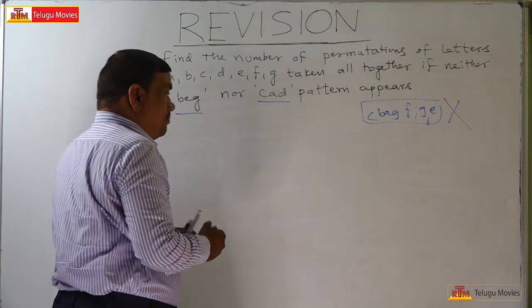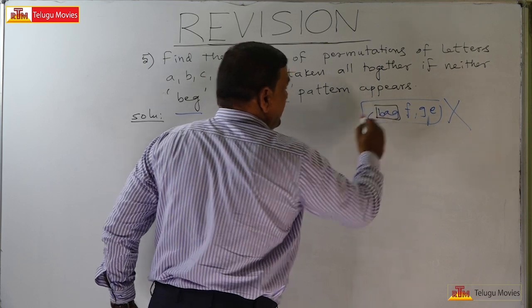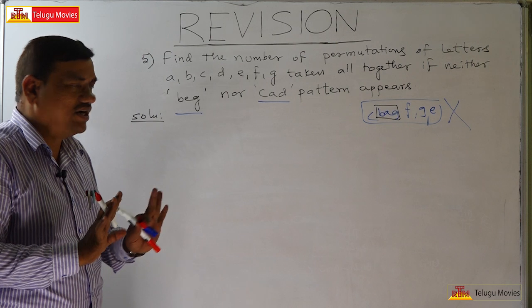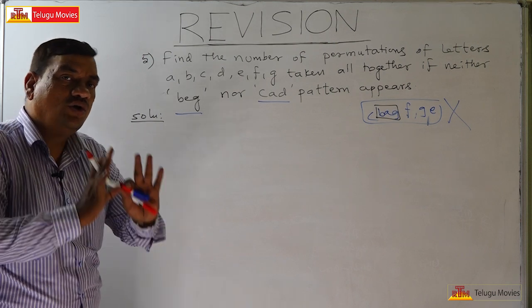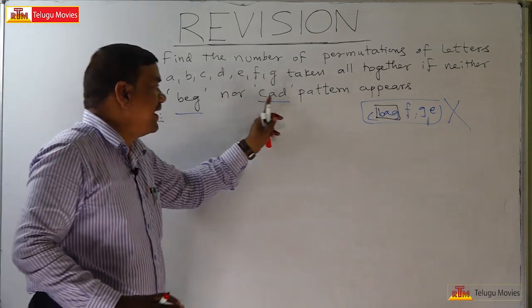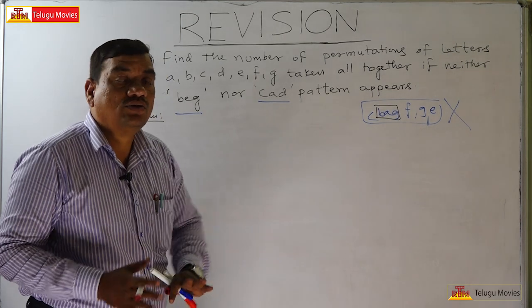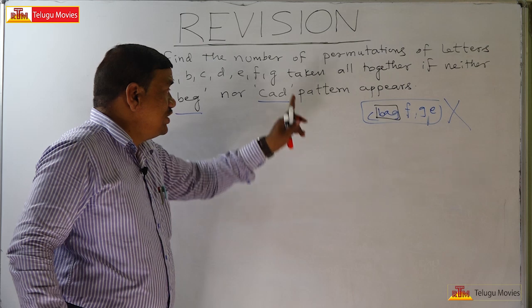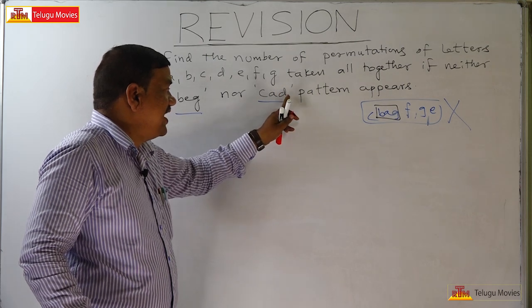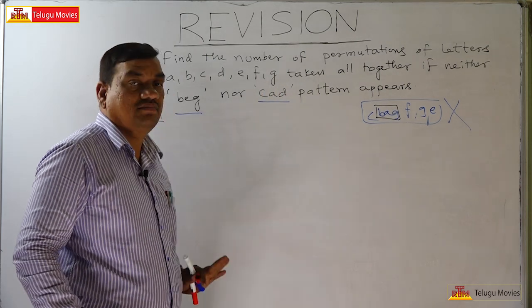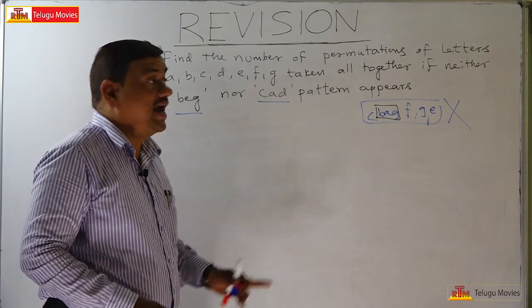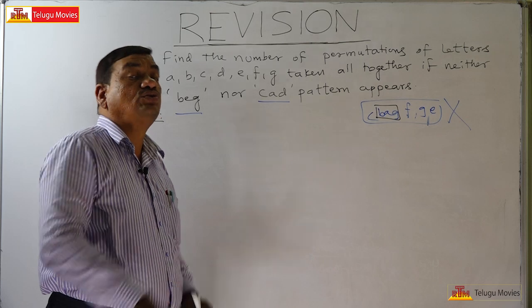Because in BAG, these three should not be together. We don't want those three sitting together. At the same time, CAD, those three also should not sit together. At least one letter should come between them. All three should not be together, and these two patterns together also should not appear.